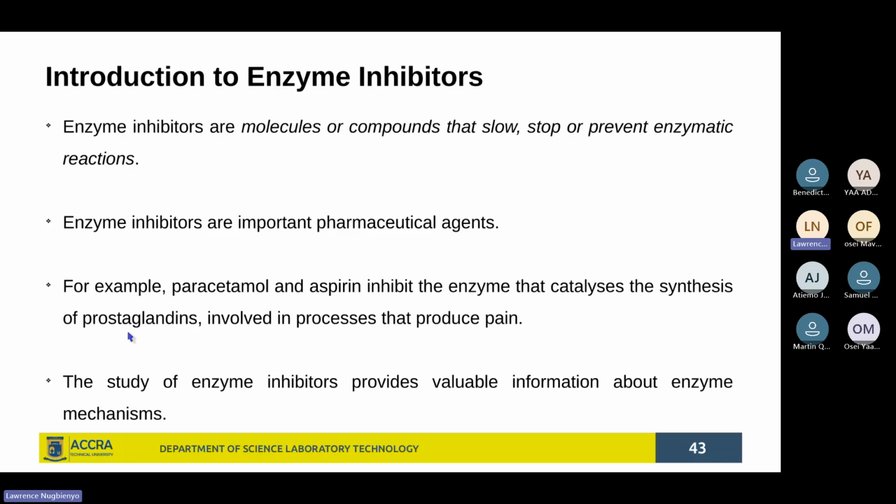So if you have paracetamol and aspirin that inhibit enzymes that catalyze the synthesis of these prostaglandins, then of course it's going to affect the sensation of pain. So that is how these painkillers work. They actually prevent the synthesis of these hormone-like substances, which are involved in processes that make us recognize pain, to feel pain.